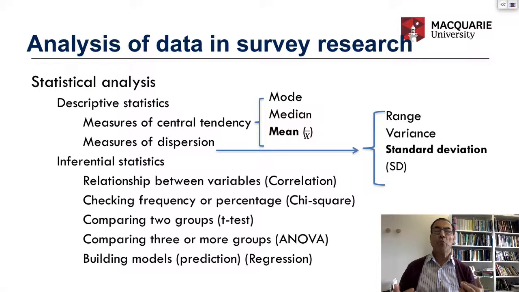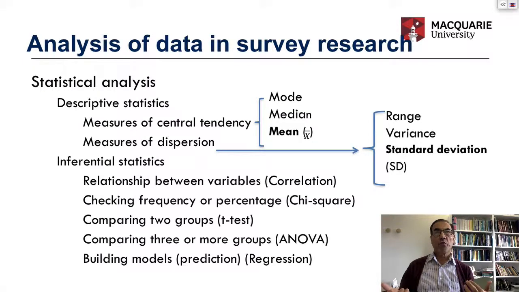However, in most quantitative studies, it is the mean and the standard deviation which are the main point of consideration for further analysis in inferential statistics. Some of the types of inferential statistics that researchers use in order to analyze survey results and make generalizations about the target population include relationship between variables.